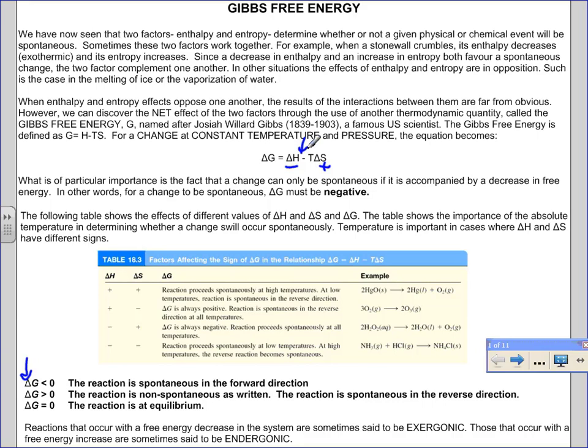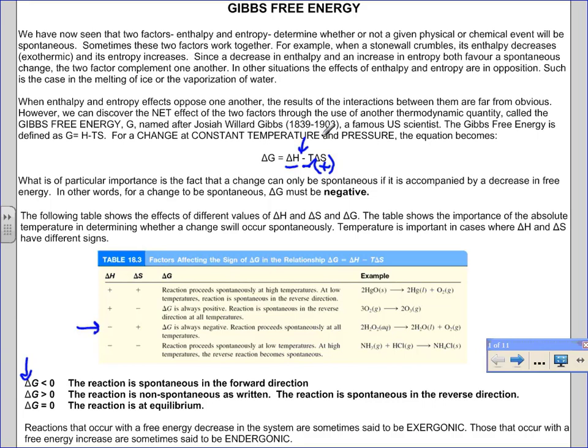So we want it to increase the Gibbs free energy in the negative direction. So by having a negative here, we know when the reaction is exothermic and the entropy is increasing, it's always going to be a negative value for delta G, and so it's always going to be a spontaneous reaction in the forward process.